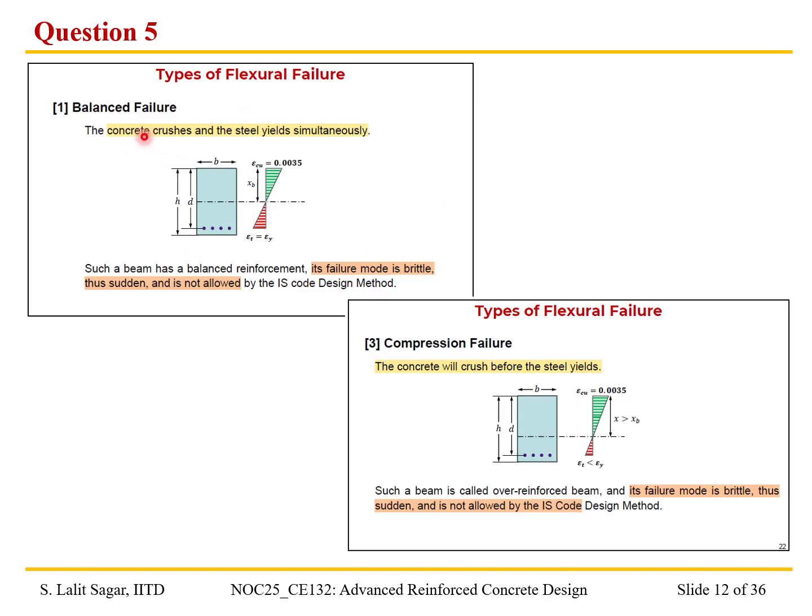In this particular slide we have the depiction of the balanced failure, and here we have the depiction of the compression failure, that is the strains in concrete and the reinforcing bar. As I already mentioned, the balanced failure is one where, as you go on applying the flexural loads, there comes a point where the crushing of concrete takes place in compression and the yielding of steel rebars takes place under tension.